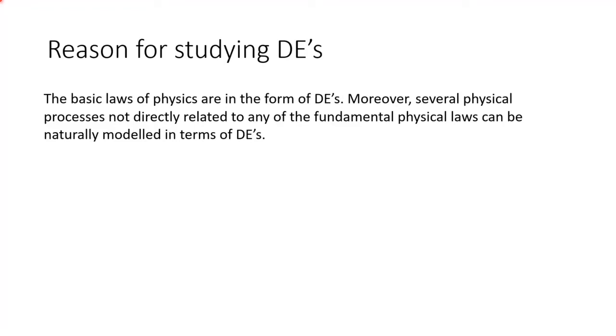So whenever you do analysis of processes and systems using those fundamental laws, in one way or another, you end up with differential equations or something that can be written in the form of differential equations.